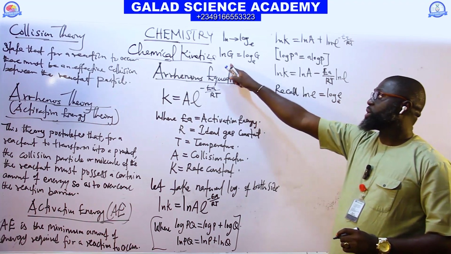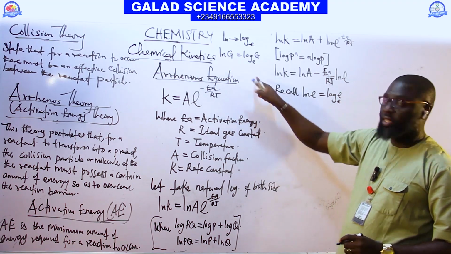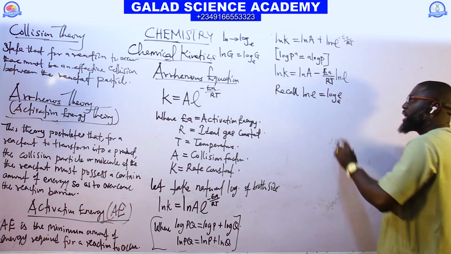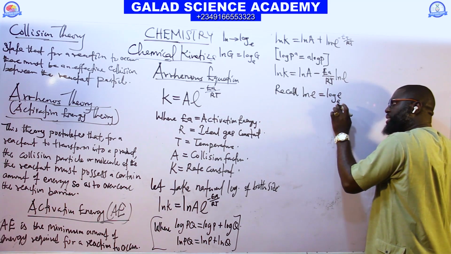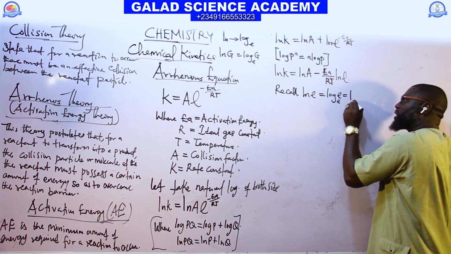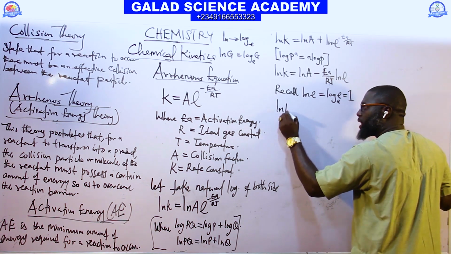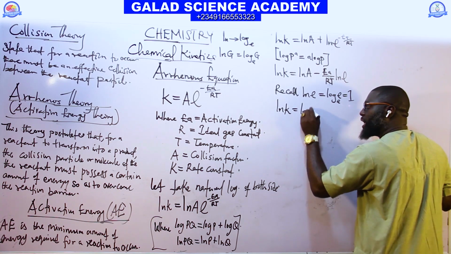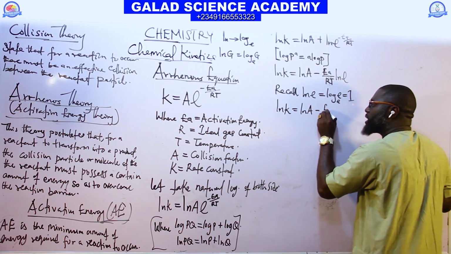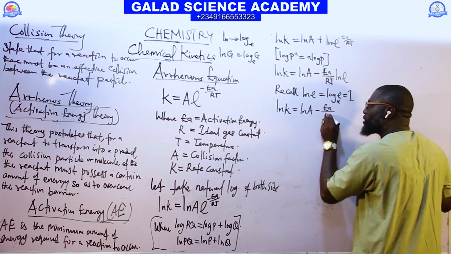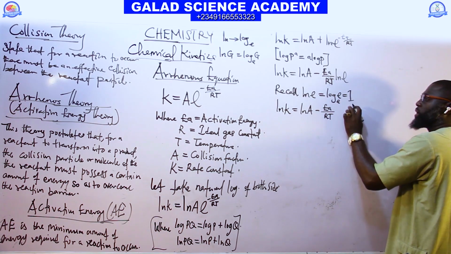So natural logarithm is logarithm of that thing to base e. So ln e base e is equal to 1. You now have ln K equal to ln A minus Ea over RT. Everything here is 1.